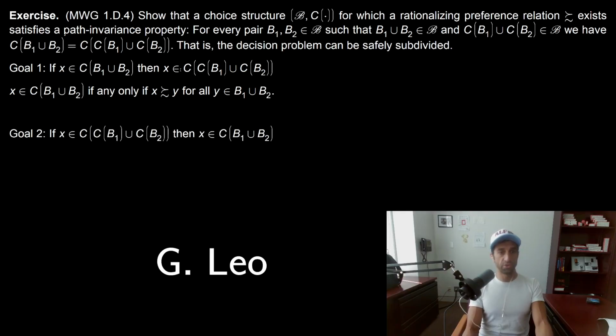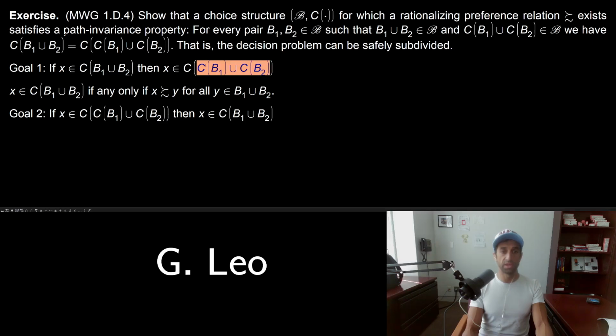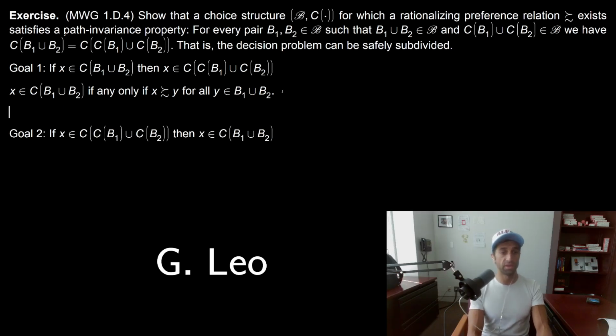And then let's show that anything that is in your choice from B1 and B2 also has to be in the union of B1, B2.